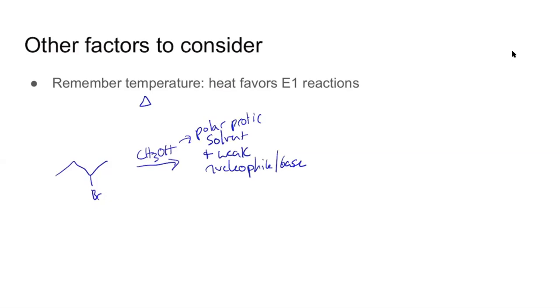And this is important because our solvent is actually acting as the weak nucleophile and base. So our outcome for this reaction could be SN1 or E1, because the molecule is a weak nucleophile and base.